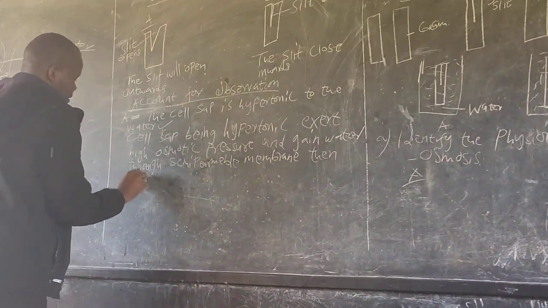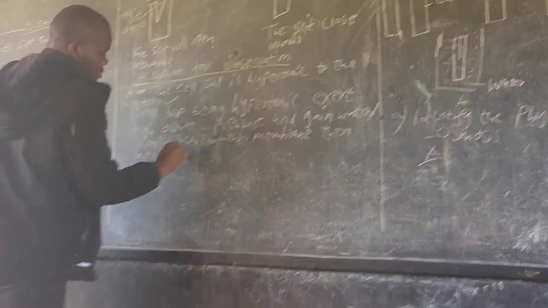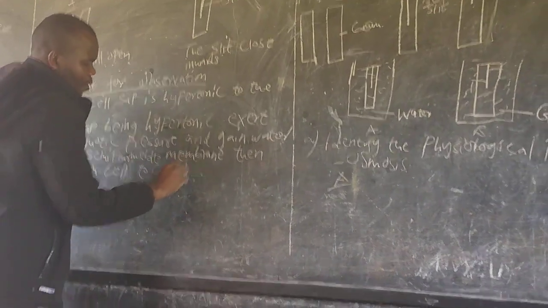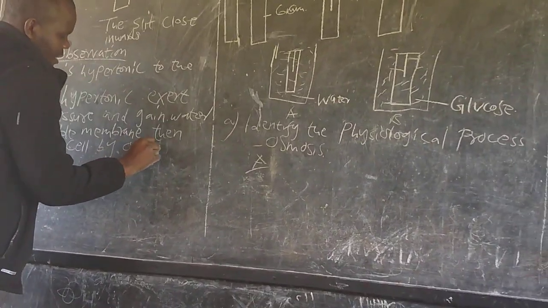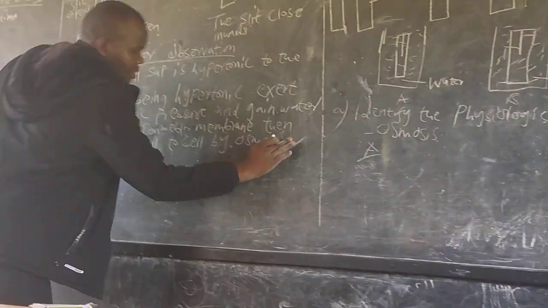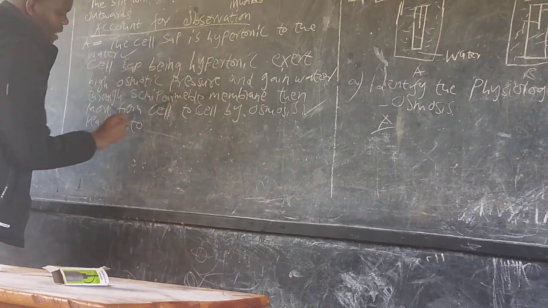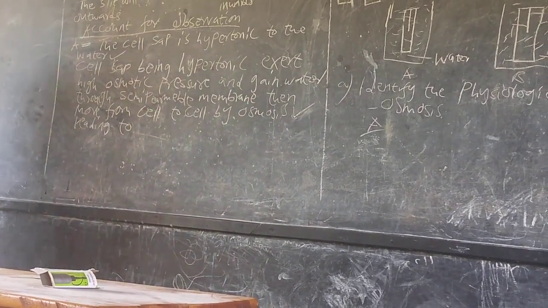Move from cell to cell by what? Osmosis. That is your second mark. Right? Yes. That is the second mark. Leading to. I've said that the mark will be in your observation.